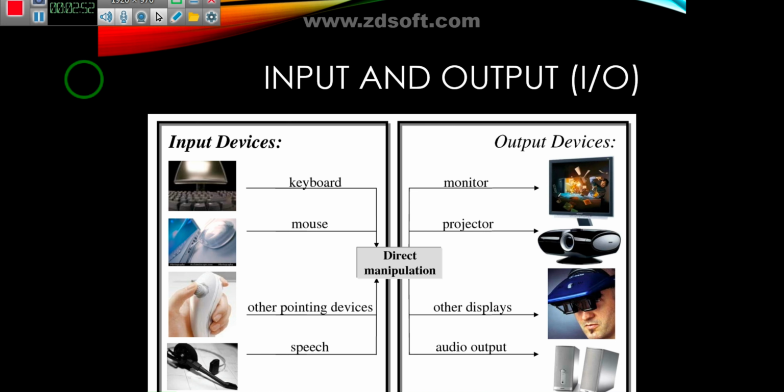You know the VR player, so we use this one. This is the speech also. In the output device, we get the monitor here, projector, and other displays. Here this is a VR player, and this one is speaker audio output. Okay, thank you.